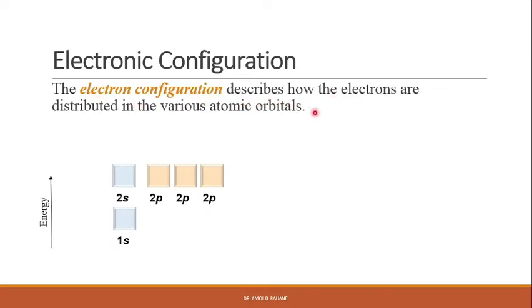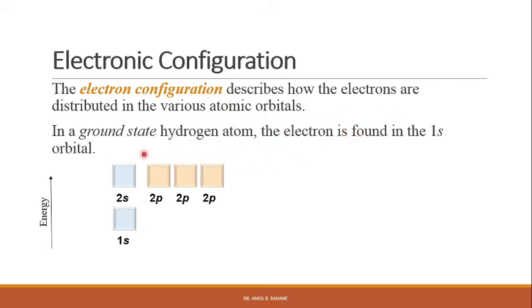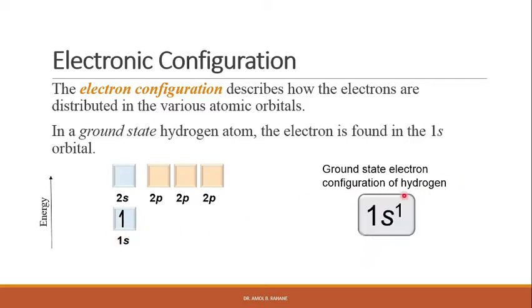The electron configuration describes how the electrons are distributed in the various atomic orbitals. In a ground state hydrogen atom, the electron is found in the 1s orbital. Therefore we can write the ground state electronic configuration of hydrogen as 1s1.